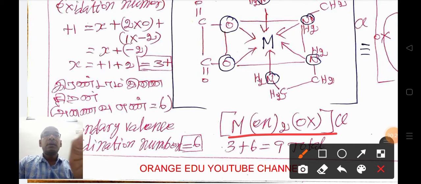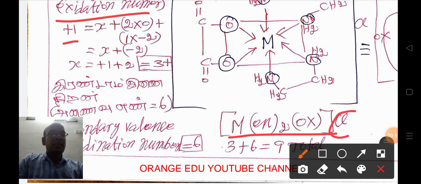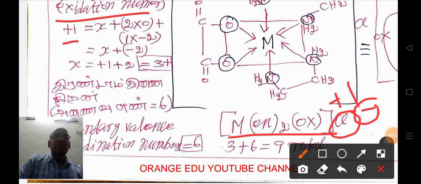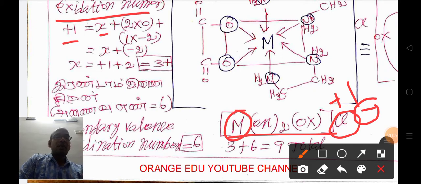In this case, first, +1 is the net charge on the complex ion, since Cl has a 1 minus charge, therefore the complex ion must have a +1 net charge. Put the net charge. The oxidation state of the central metal ion M we calculate, therefore put X. En means ethylene diamine.